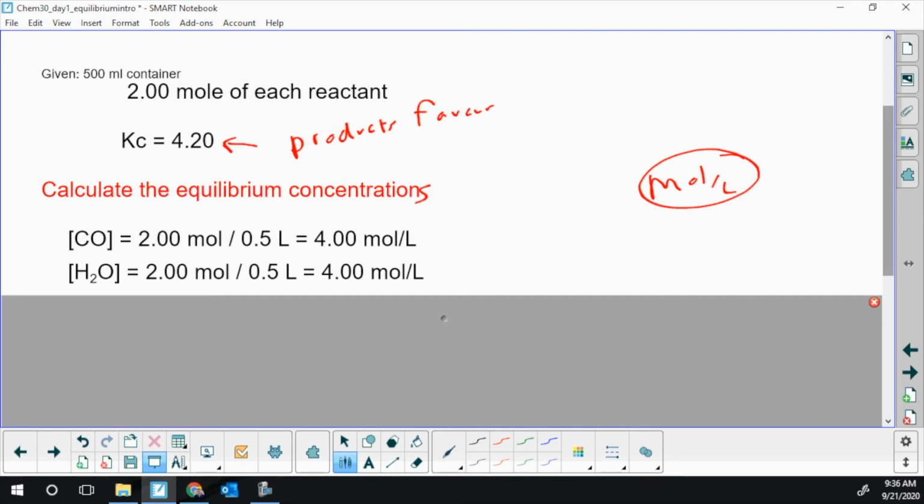Occasionally, students might want to add the volume up, but you have to realize this is a gas reaction. They're sealed in the same vessel. That swirl at the top is a seal, and this container is 500 milliliters, and there's 2 moles put into both. So don't add the volumes together. It's the same container.